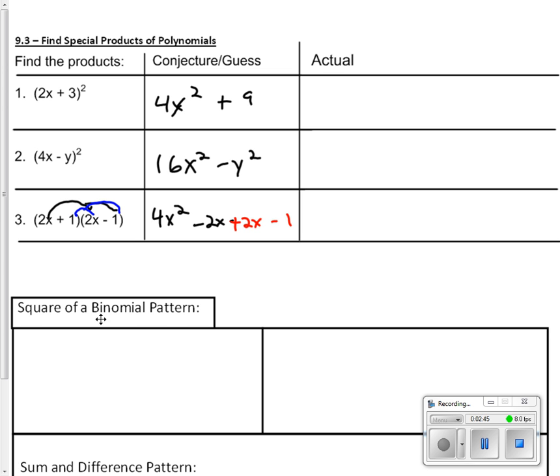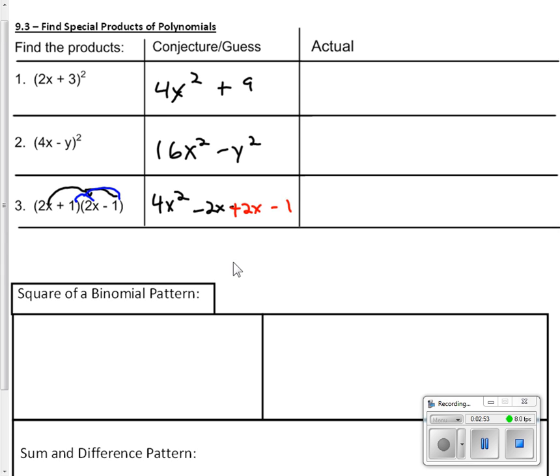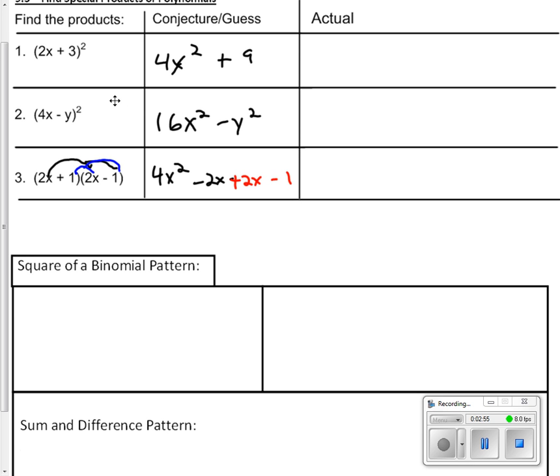What we're going to do is look at this, and we have a square of a binomial. And number 1 is a square of a binomial. If I look at number 1, the pattern that I'm going to associate this with is a certain type. When I look at this problem, I'm just going to set it up here. We have 2x plus 3 squared.